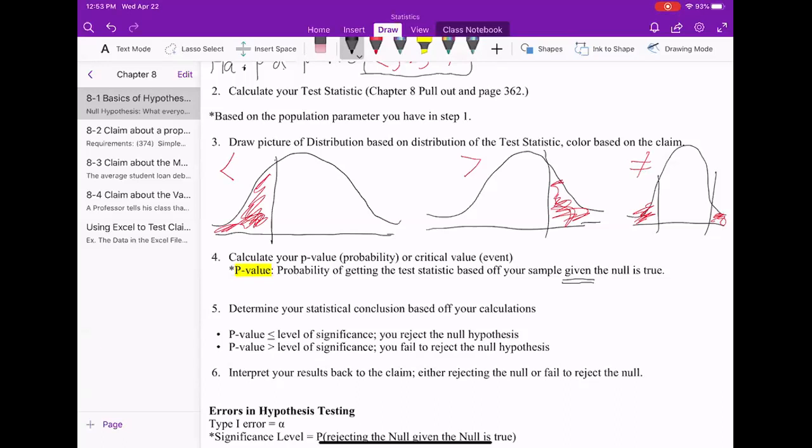So if your p-value is less than or equal to your level of significance, you reject the null. If your p-value is greater than your level of significance, then you fail to reject the null. If you don't want to use p-values, we will use critical values, and we can find that answer using our pictures. So step 5 will come up with a nice conclusion.